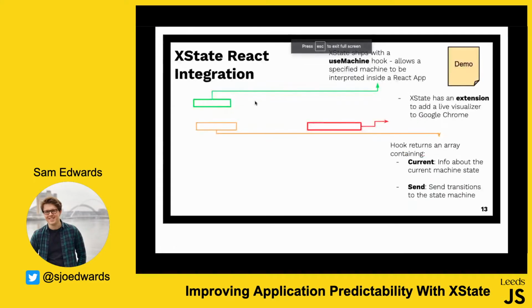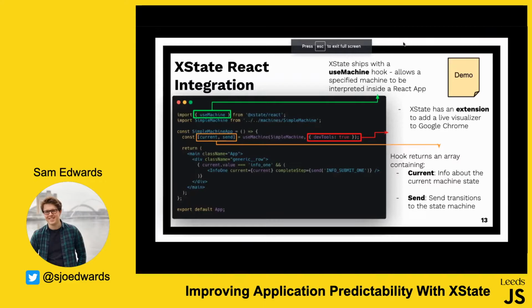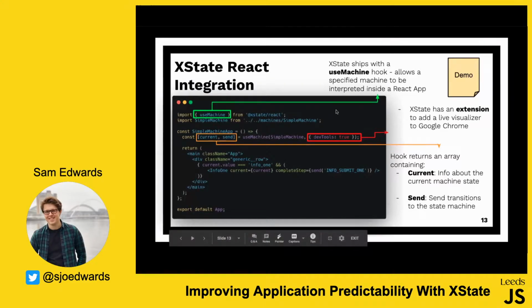Okay, so how does that look when I try and plug it into a framework like React? Well, what you can see here is a really basic implementation of XState. So you can see I've imported this hook at the top, use machine. And when I call this on my machine config, I am able to obtain these two constants over here. So we've got current and send.